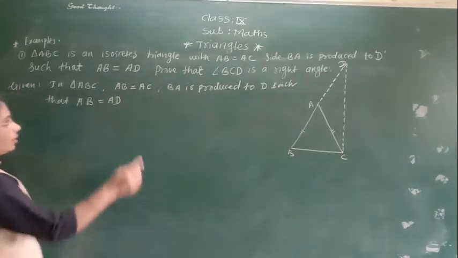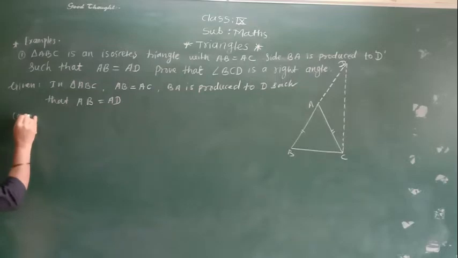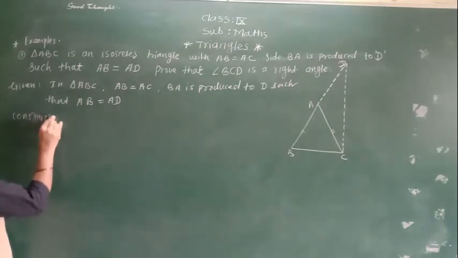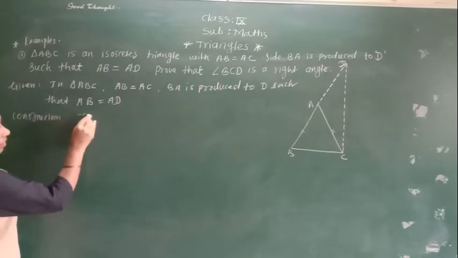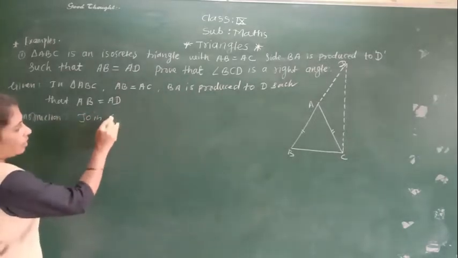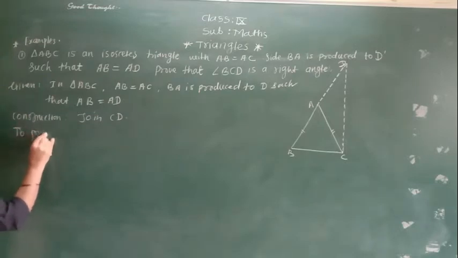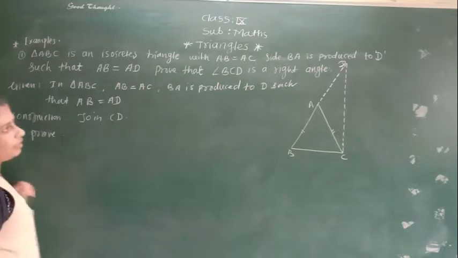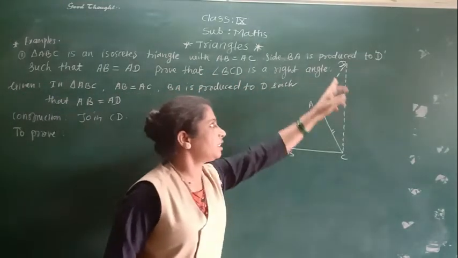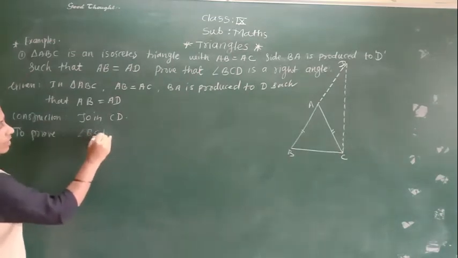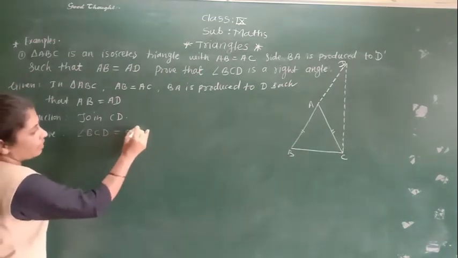Now we have done one construction. Which construction? Construction: join CD. And what we have to prove? To prove: angle BCD is a right angle, means angle BCD equals 90 degrees. This we have to prove.